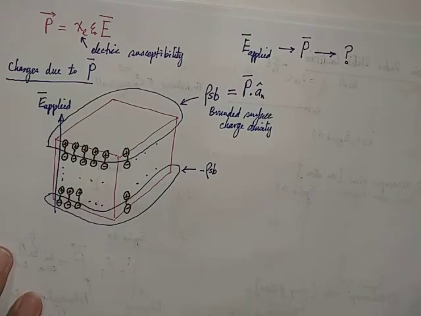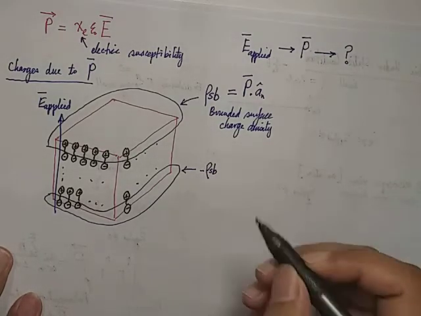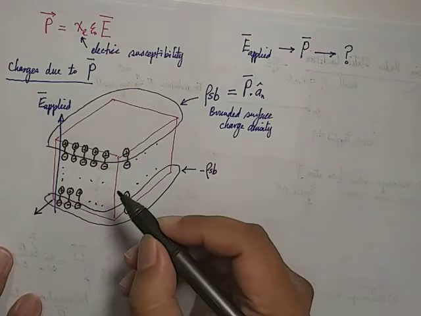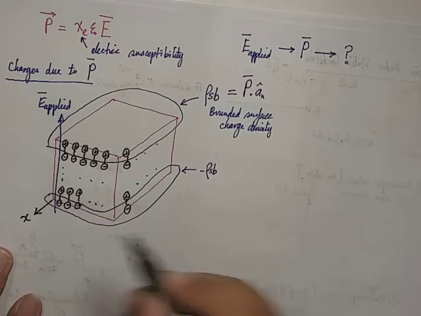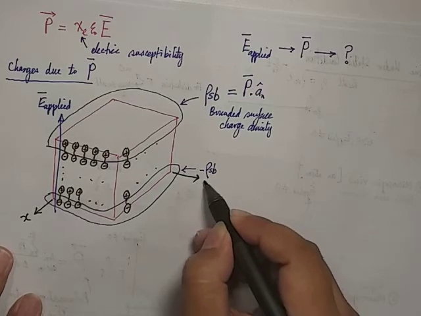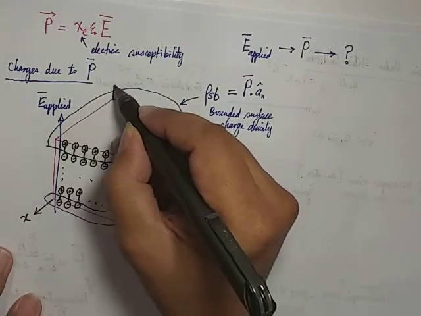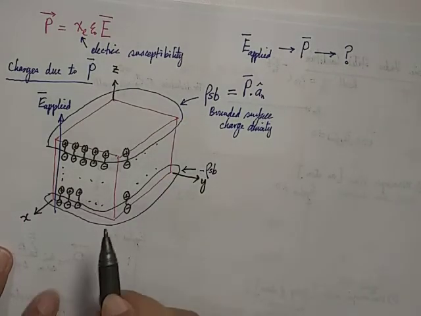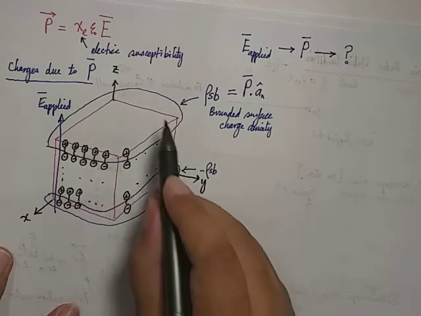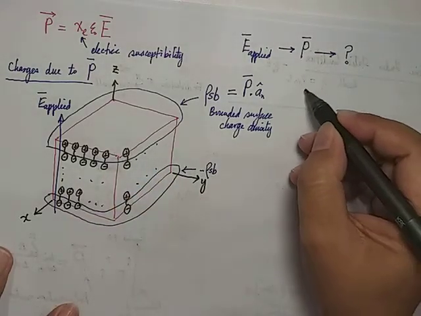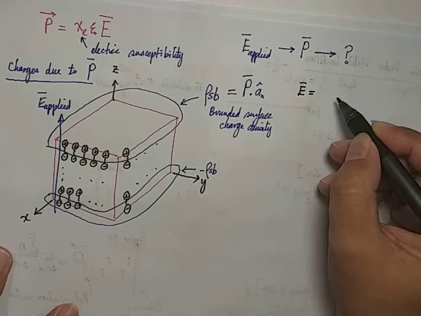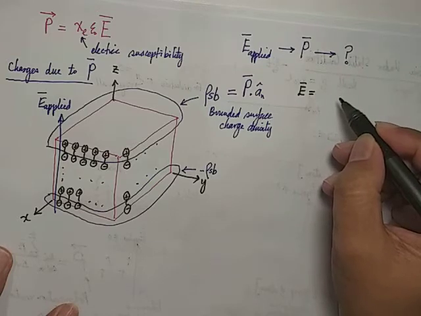Okay, so let's make it a bit easier to understand. So let's give axes to our model now. So let's give this particular side of the dielectric as the x-axis. So this particular side is our y-axis and the vertical direction to be our z-axis. Okay, so what we can see now in this particular model is the E. In which component, which particular axis, can you represent the E?